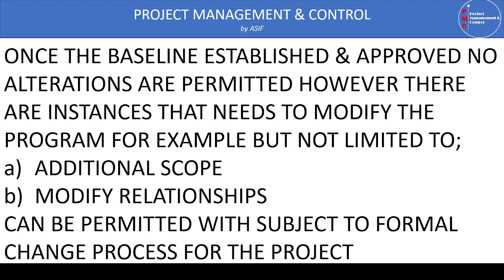But in this case, we have to be careful to use the formal change procedure for the project to make these changes. This formal change procedure is normally identified or provided with the project management plan, and it is an important part of the project management plan.